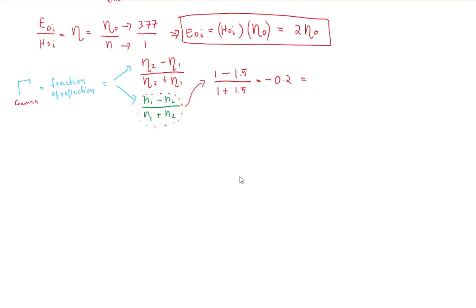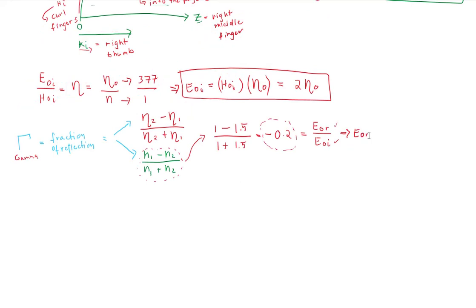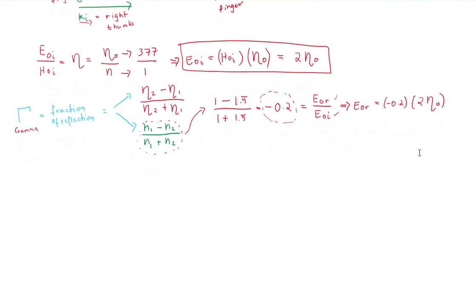And gamma is also equal to this relationship, E naught of R over E naught of I. E naught of R is equal to negative 0.2 times 2 eta naught. So that is going to be our magnitude for E reflected.